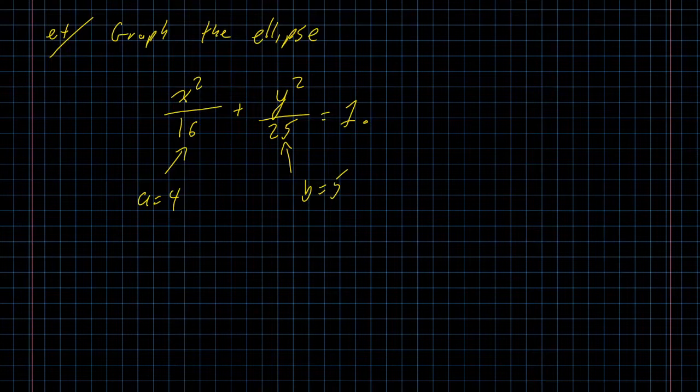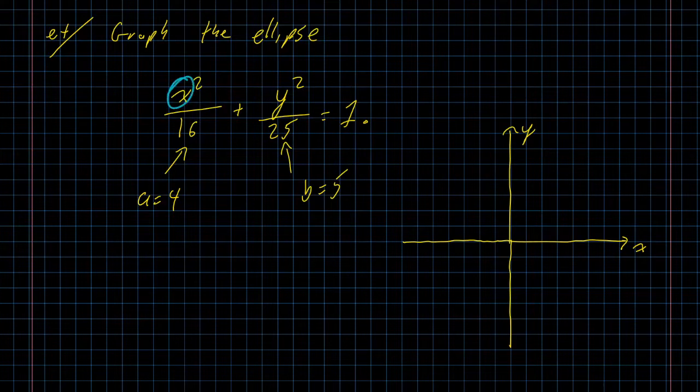So you sketch out some coordinate axes. You plot the points. Since a is 4, that means that the x-intercepts are at 4 and at negative 4.